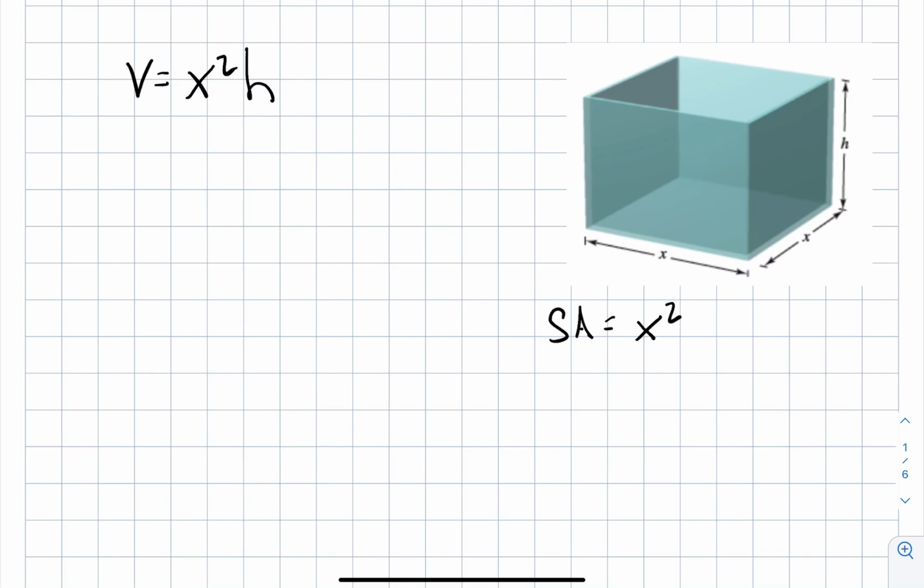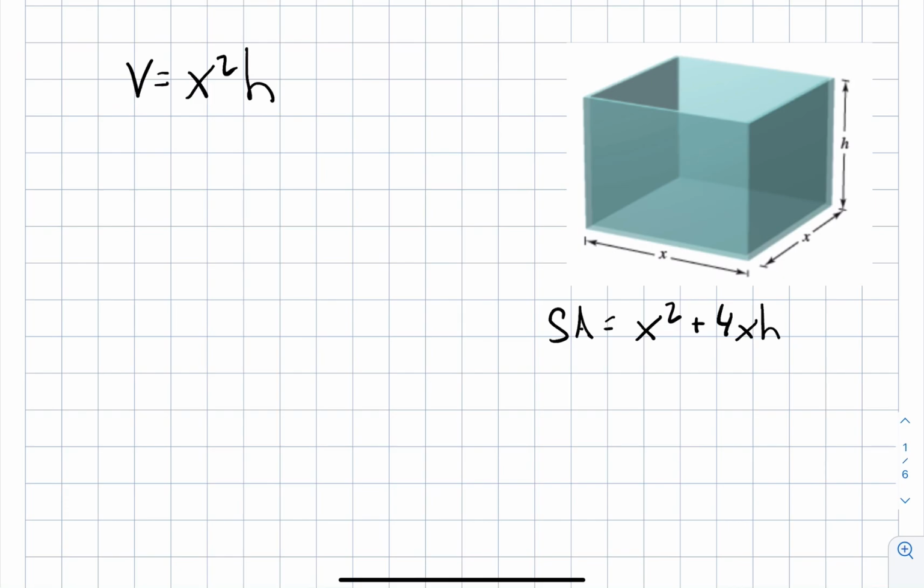However, if it's an open top, it's just going to be that one base of x squared. Then, if we look at each of these faces, that's going to be x times h. That's how we'll get the area of each one of those, okay? So it's going to be x times h, and since we have 4 of them, we can multiply that by 4, okay? So the surface area is x squared plus 4xh.